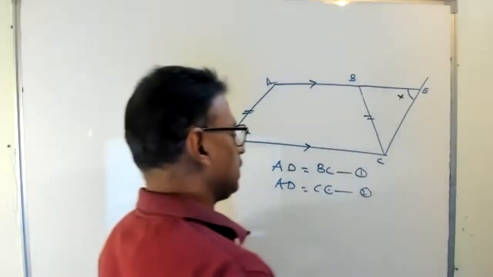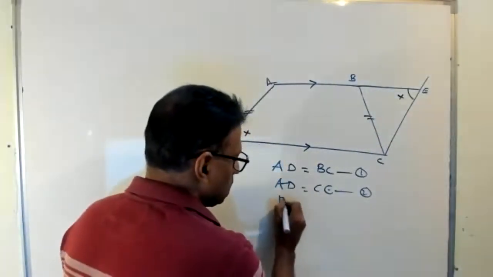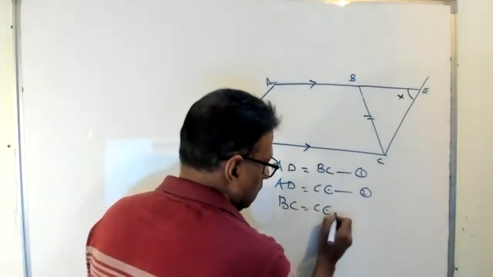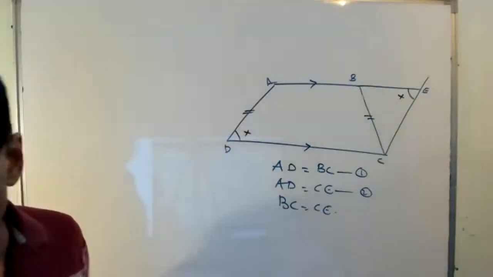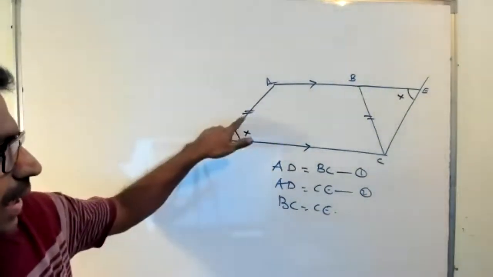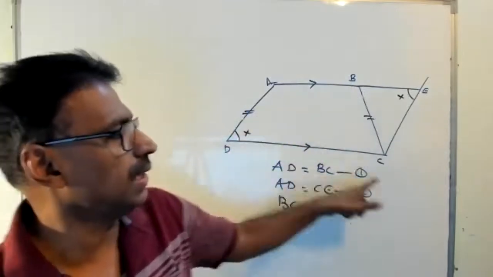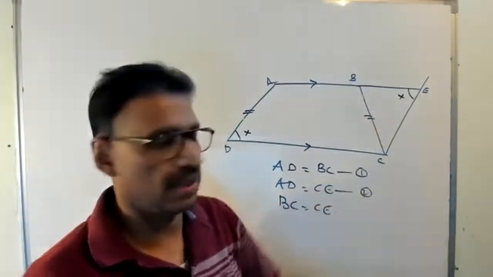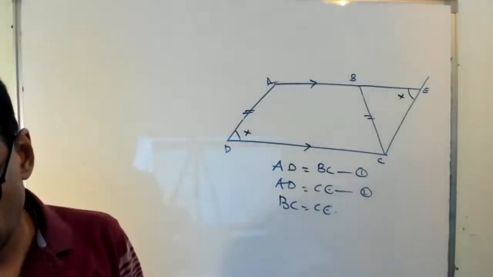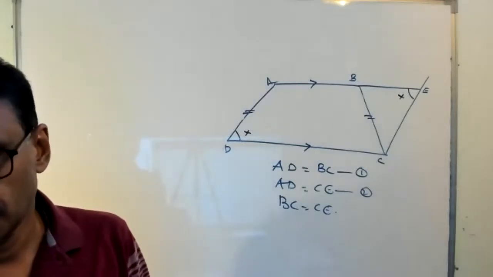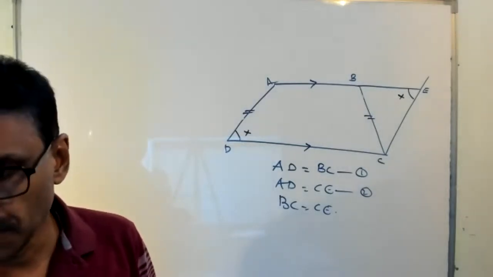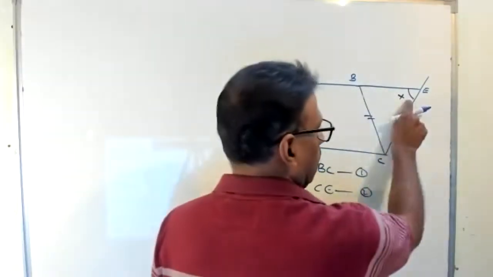AD equals CE, number two. Therefore, BC equals CE. Is it clear? AD equals BC and AD equals CE, that means these two are equal, correct? Yes, sir. Therefore, this angle and this angle are equal.